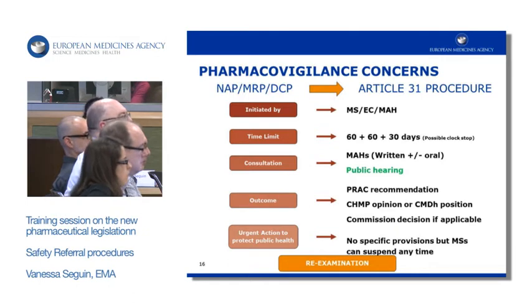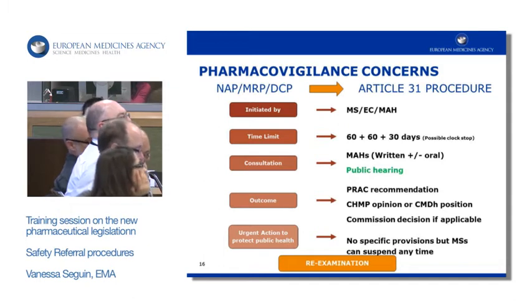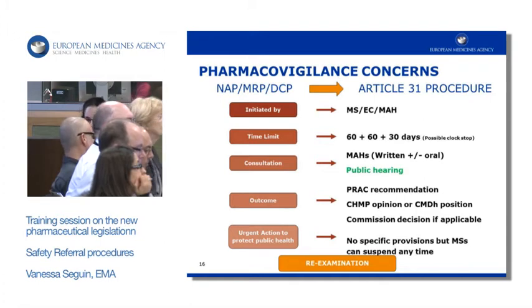The time limit is 150 days with a possible clock stop, but these 150 days are allocated as 60 plus 60 days for PRAC assessment, plus 30 days for CHMP or CMDH. The consultation is MAH, but as well public hearing.